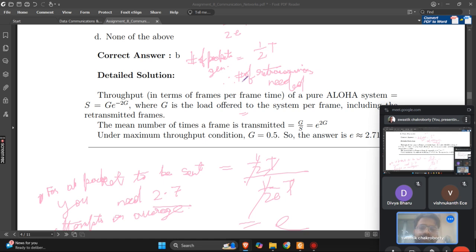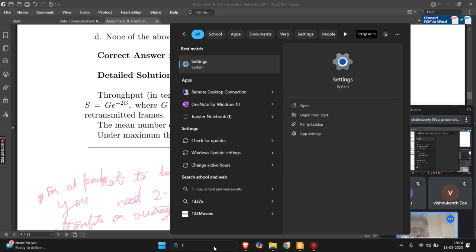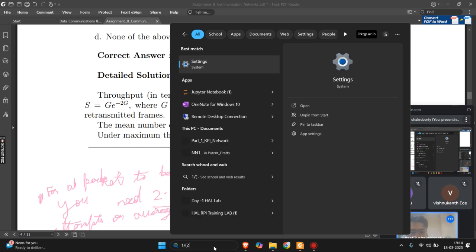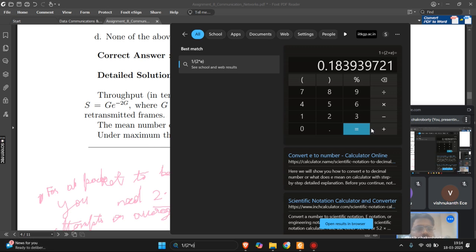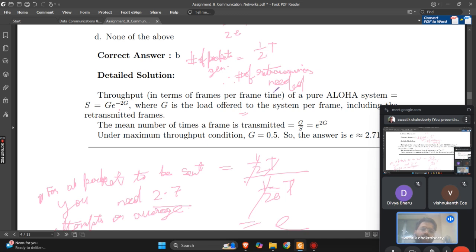So for each frame duration, S equal to 1 by 2e, which is about 0.18. So for each TFR duration, only 18.3% of packets are getting transmitted.